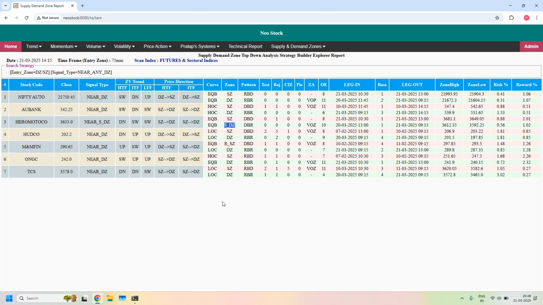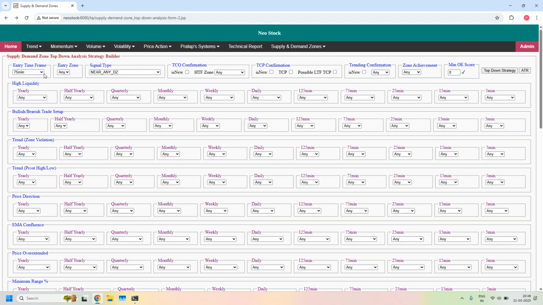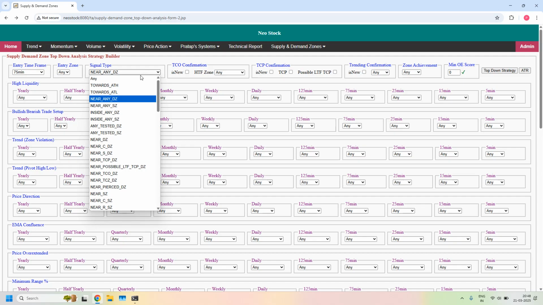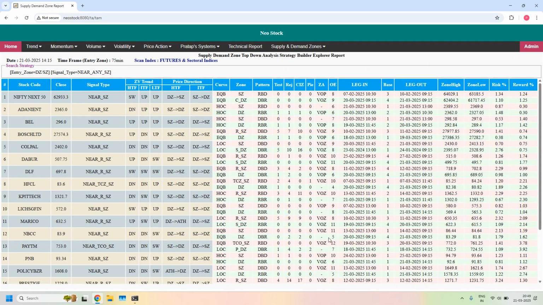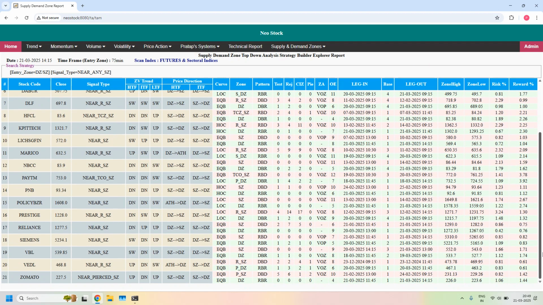We have only one 75 minutes high liquidity demand zone from this list. Okay, next, 75 minutes time frame. Let us find the stocks with price near the 75 minutes supply zone. We got 21 stocks filtered.